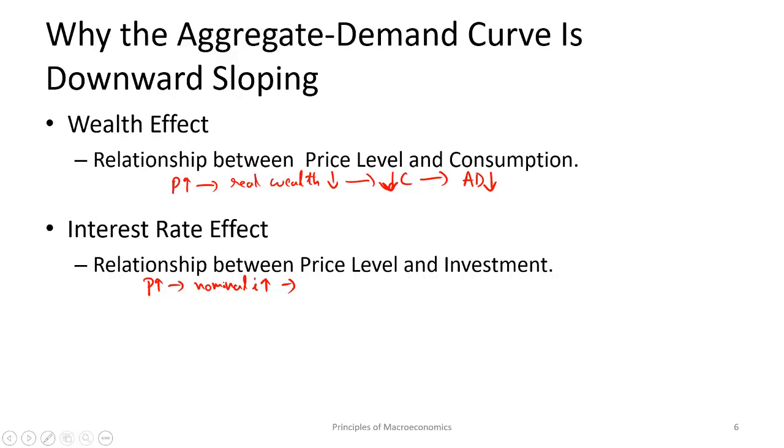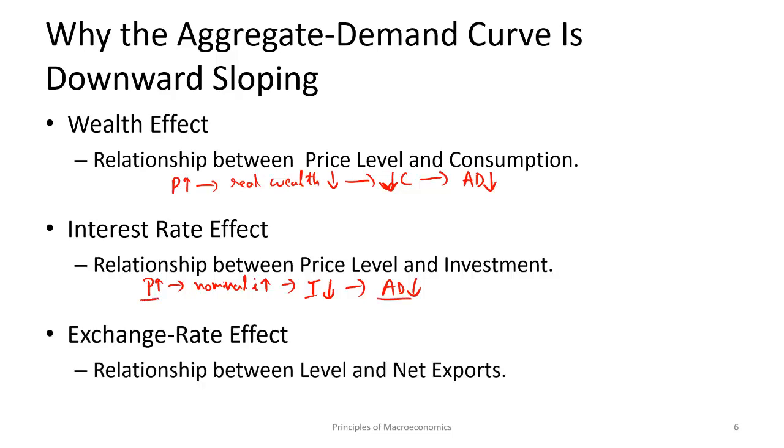So when interest rate increases, your cost of borrowing increases. If the cost of borrowing increases, you don't want to borrow money to build a new factory, so your investment decreases, and as investment decreases, your aggregate demand decreases. So this is called the interest rate effect, again showing the inverse relationship between price and aggregate demand.